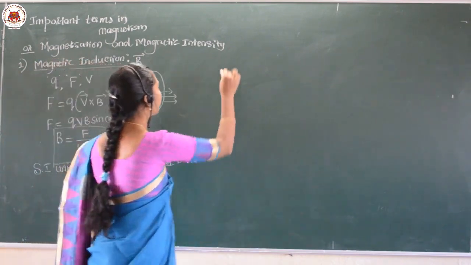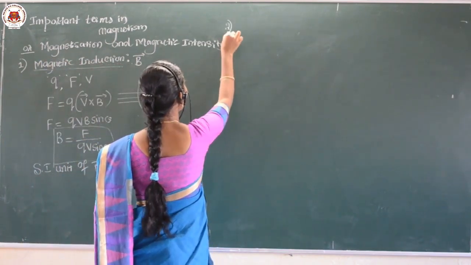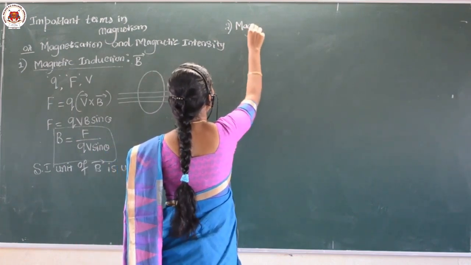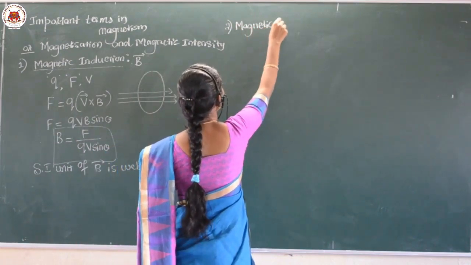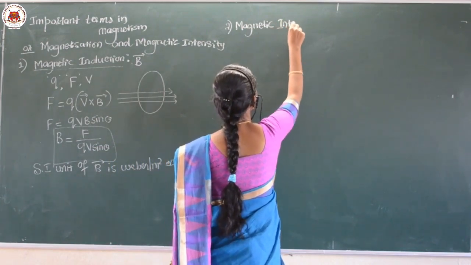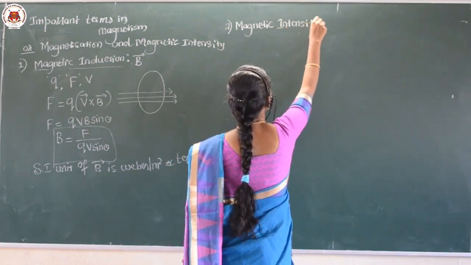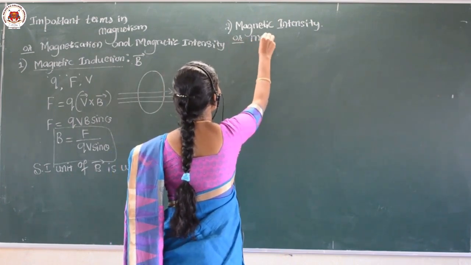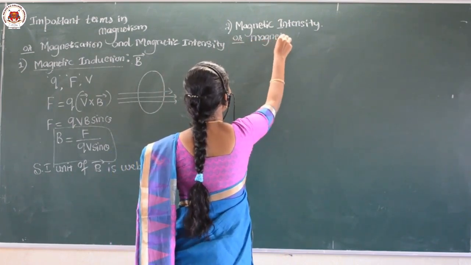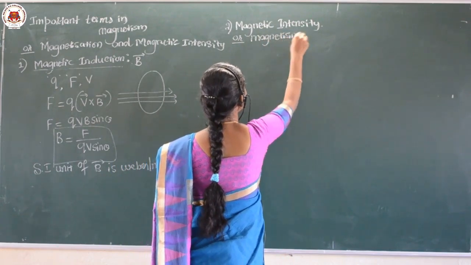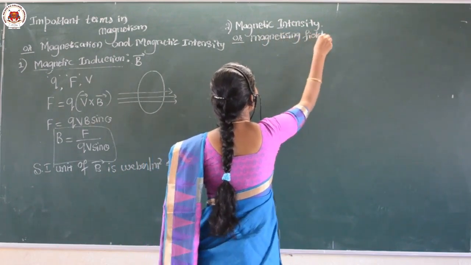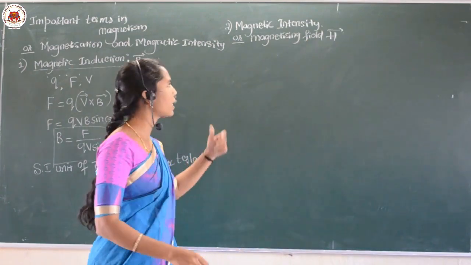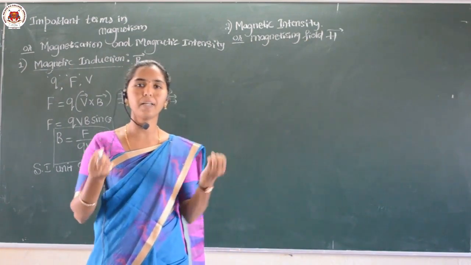Then moving to the second important term, that is magnetic intensity, also called the magnetizing field. This is represented by H bar. What is the magnetizing field? Very simple.